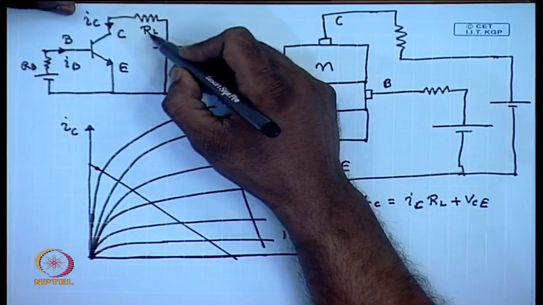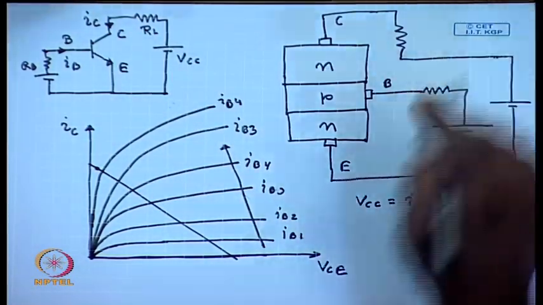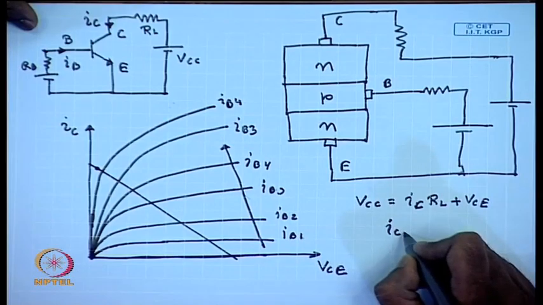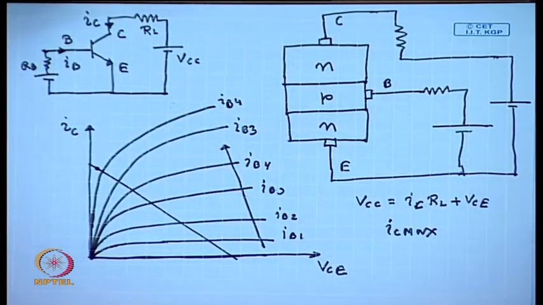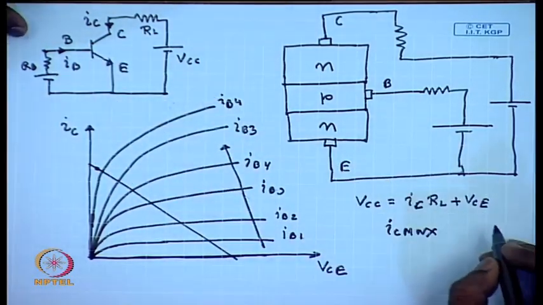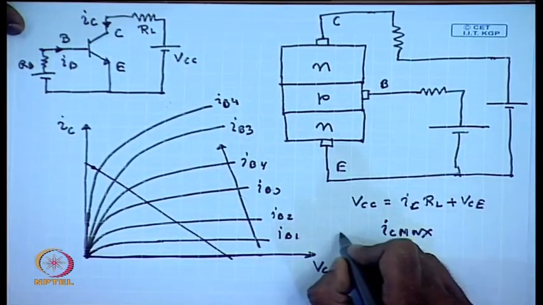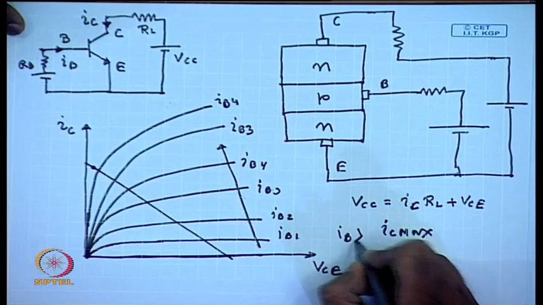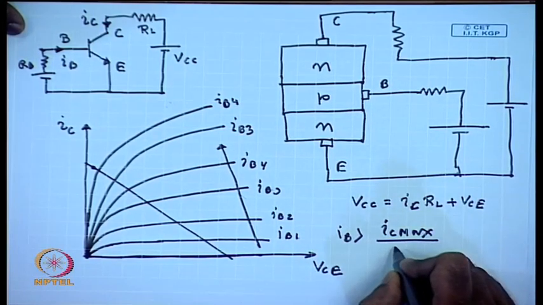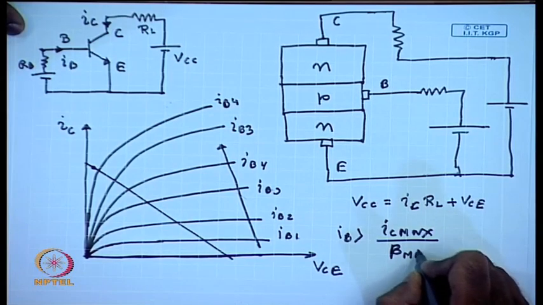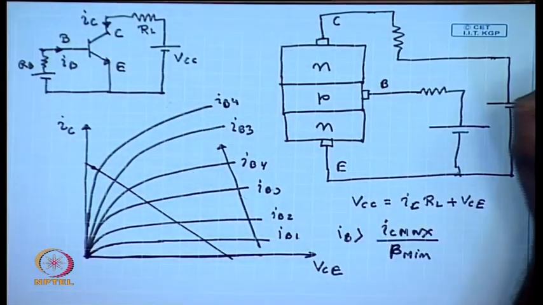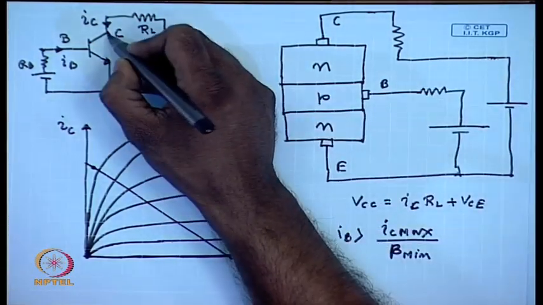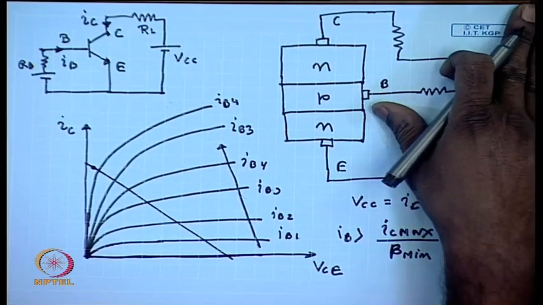So, by knowing the maximum current that can flow through the transistor, if we increase IB to be larger than IC max divided by what is called the minimum current gain, beta minimum, then we can ensure that the drop across the transistor will be very small, and hence in that case it will act as a closed switch.